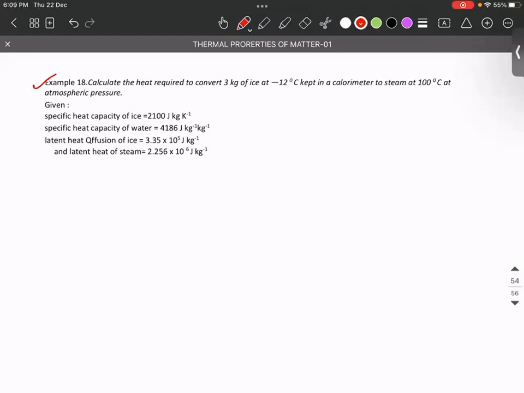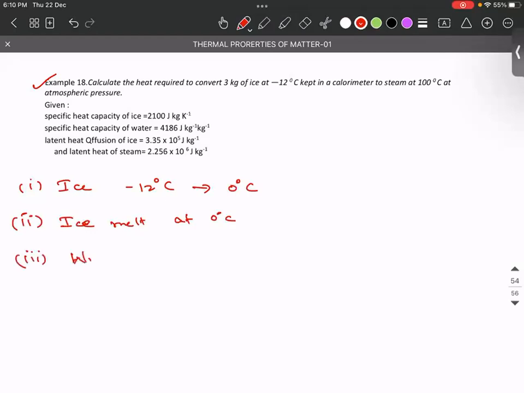So here, if you see, what are all the stages that are there? First step is take the ice from minus 12 degrees Celsius to 0 degrees Celsius. Correct? Second, make the ice melt at 0 degrees Celsius. Correct? Third step, take the water at 0 degrees Celsius to 100 degrees Celsius.